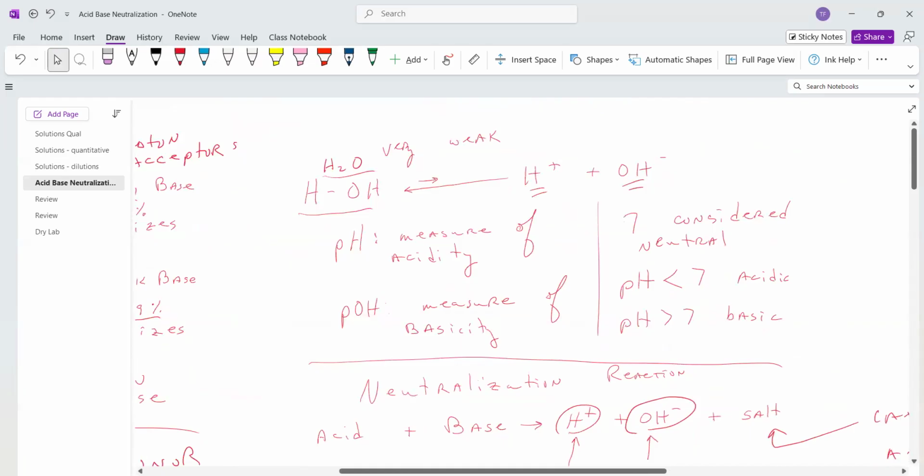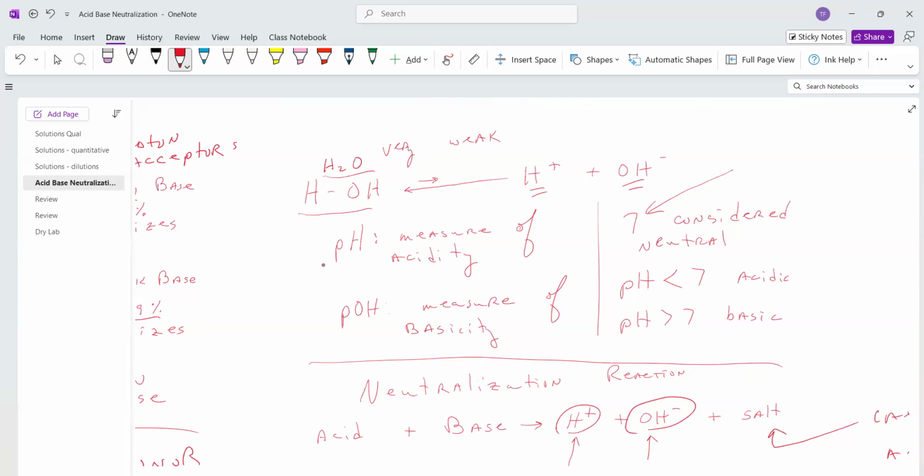pH is the metric we use to measure acidity. Seven is considered neither acidic nor basic, or neutral. Now, interestingly, water is both an acid and a base at the same time, because it's got an H that comes off and an OH that comes off at the same time.